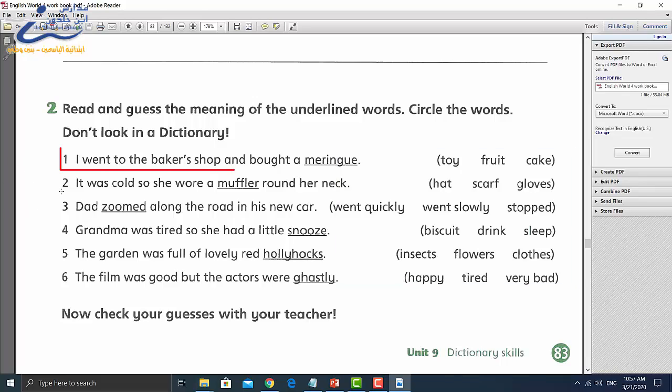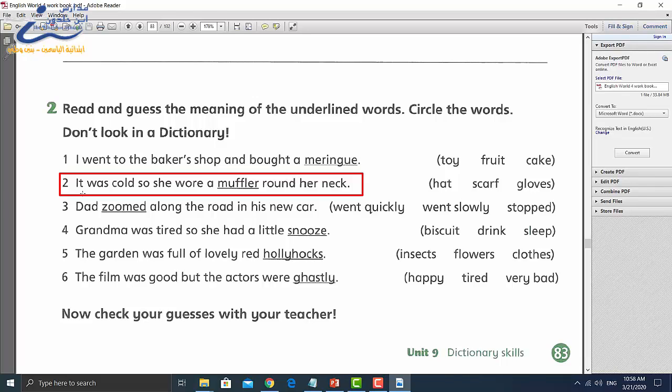Number 1. I went to the baker's shop and bought a meringue. Yes, meringue means cake. Number 2. It was cold, so she wore a muffler round her neck.